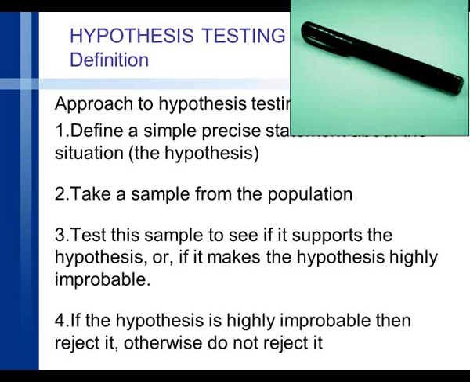So, some books say accept the null hypothesis. Accept is not the best term. Okay? Because the only thing that we can say from hypothesis testing is that if we do not reject, the population parameter, the population average, could be what's stated in the null hypothesis.